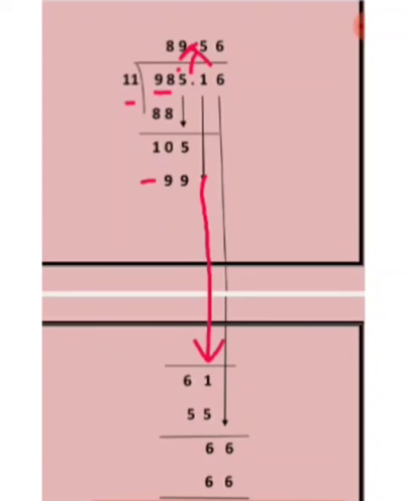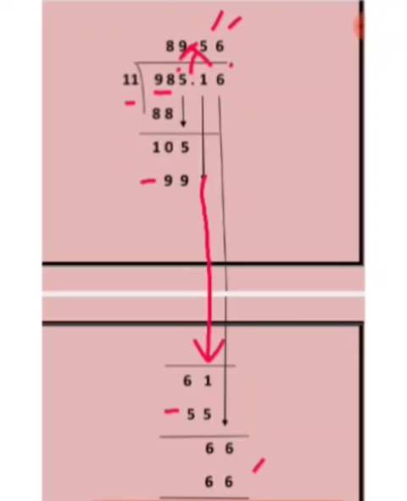Now the 61, within 61, 11 table, how many times it can go? So 11 5s are 55. 61 minus 55, that is 6. Now last digit of the dividend, that is 6 is coming down again. So 66. So 6 11s are 66.